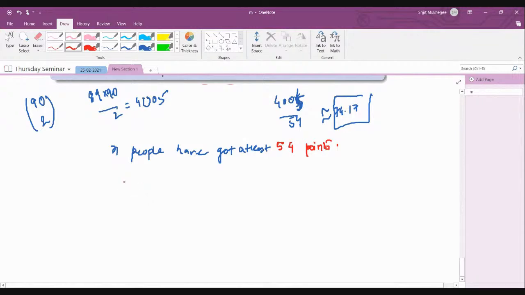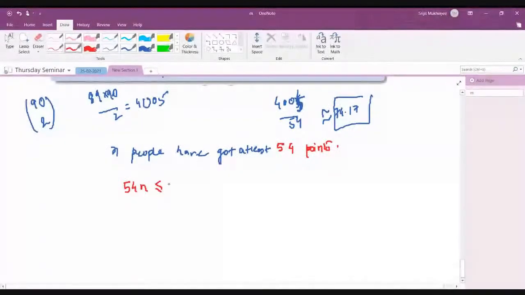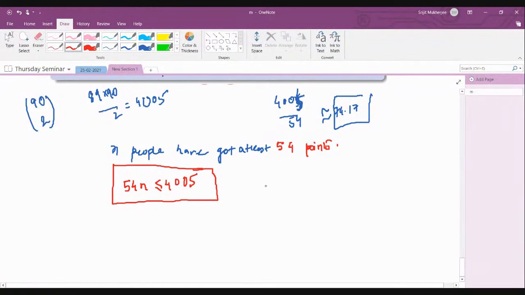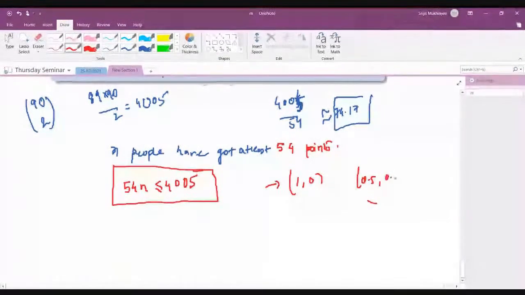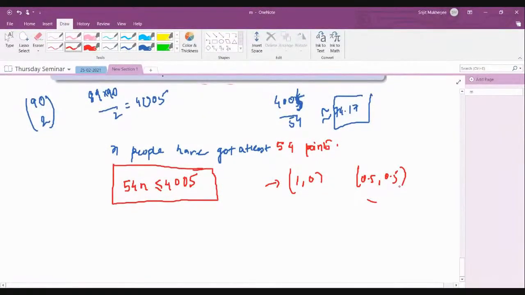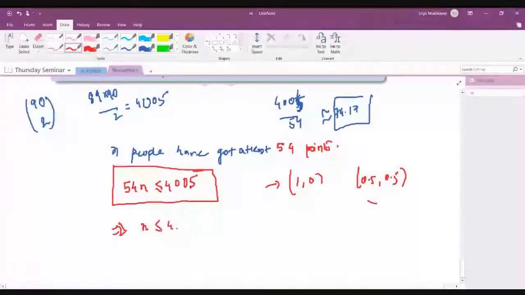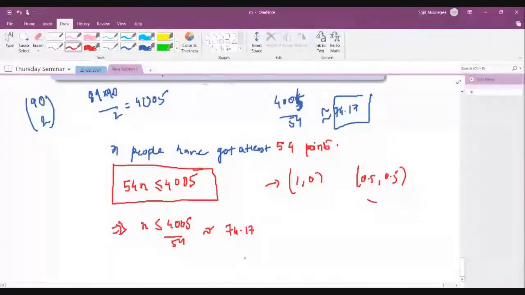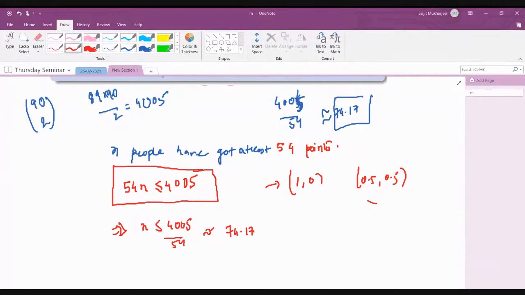So what is the idea? 54 times n must be less than or equal to 4005, the total number of points. Because for each game, you get 1-0 if someone wins or loses, and in case of a tie, you get 0.5 each. So essentially each game gives 1 point, and the sum of all the scores is 4005. So 54n is less than or equal to 4005, therefore n is less than or equal to 4005 by 54, which is 74.17.